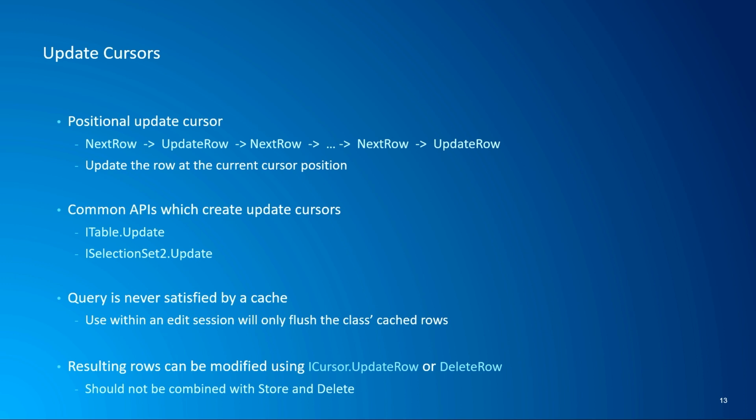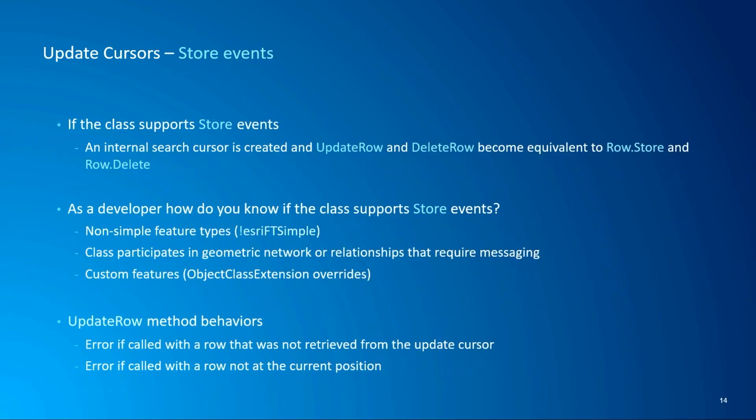Okay? Let's see. To update the rows, to modify the rows, you would call update row or delete row on the update cursor itself. And don't mix and match those things with store and delete operations on the feature. Now, something to keep in mind, if the class is supporting store events, and again, this is ArcObjects, not the Pro managed SDK that we're talking about here.